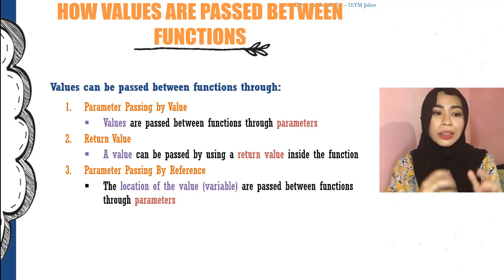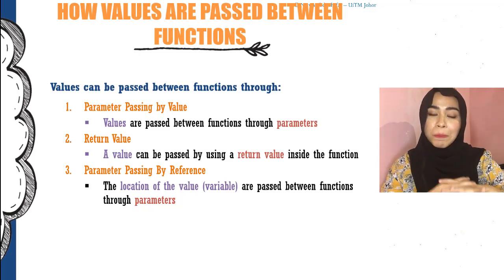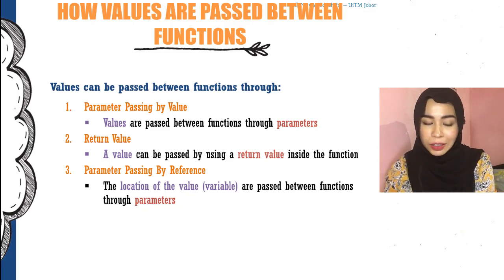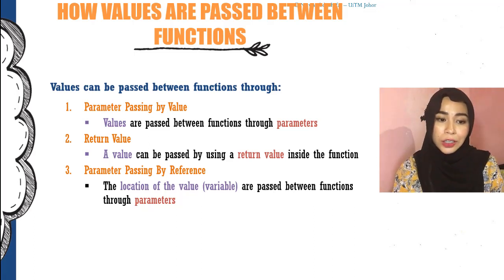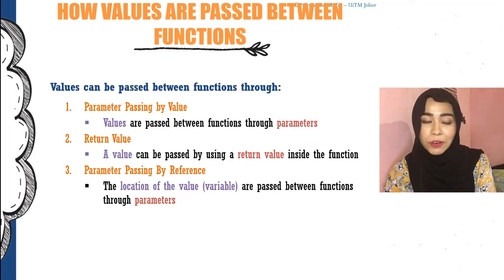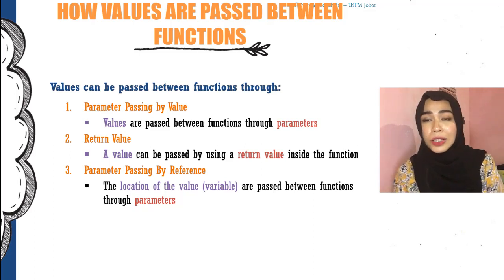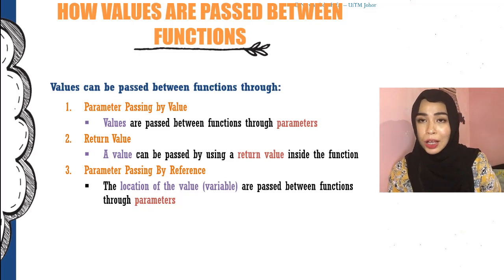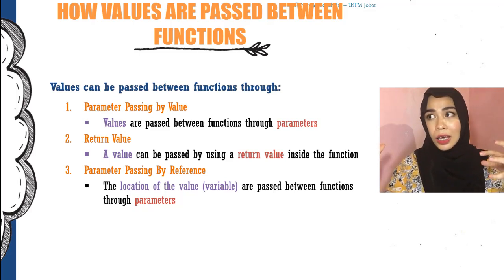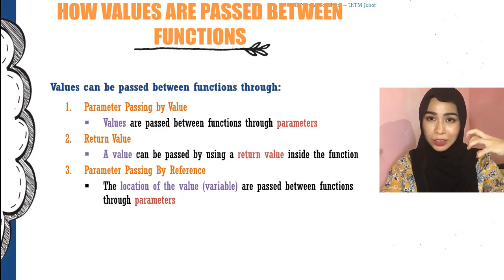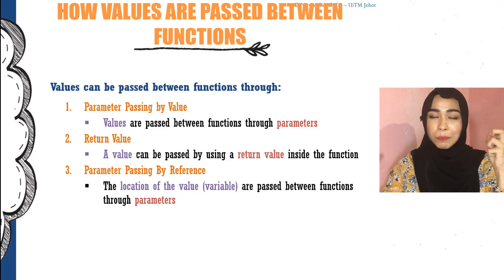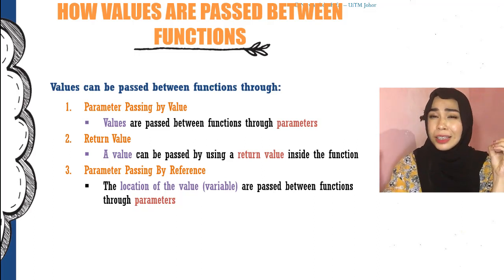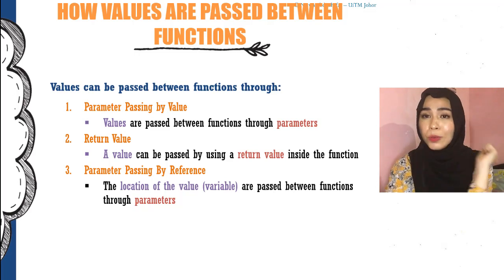Okay, the last way is by using pass by reference parameters. A parameter passed by reference is actually the location of the value passed between functions through parameters. This is a bit different from a function with pass by value, because whenever we pass data using parameters passed by value, we are just sending the value to that function.